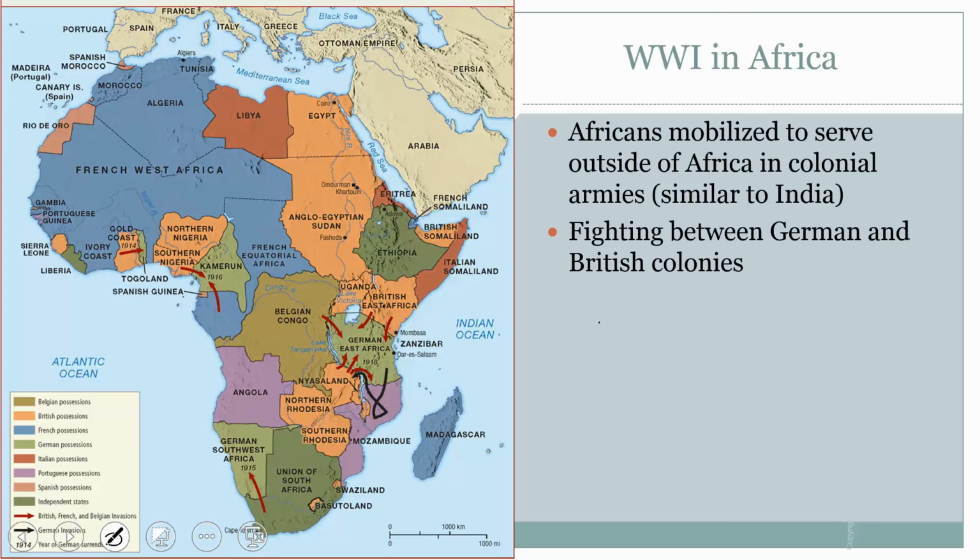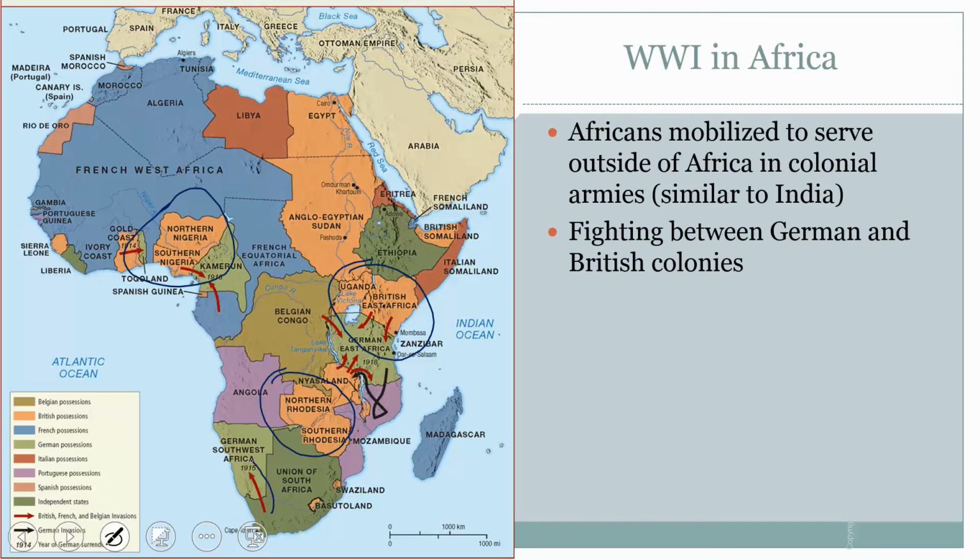You also have fighting going on in Africa, and you can see here the bulk of the fighting is between British possessions, like Rhodesia here and British East Africa here, and then northern and southern Nigeria here, you have British possessions fighting German possessions in South Africa as well.